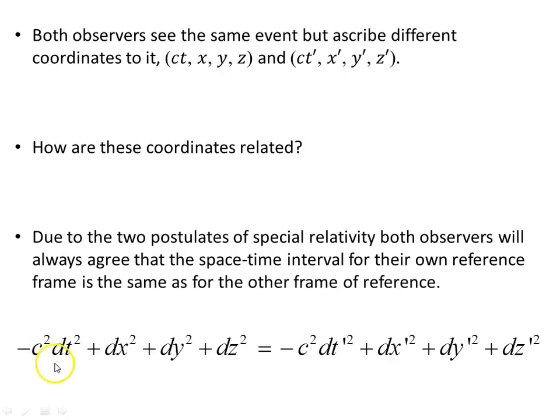So for the observer in frame S, this interval here will be equal to this expression here as seen by the observer in S prime. So these two space-time intervals are always equal. Any two observers in two inertial frames moving relative to each other will always agree on this statement here. That comes from the postulates of special relativity.